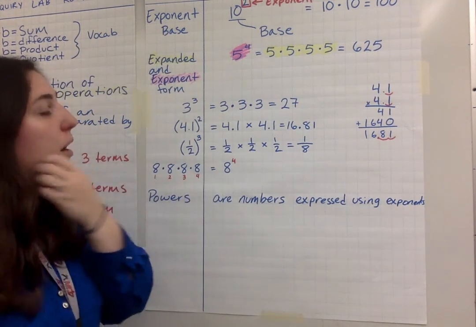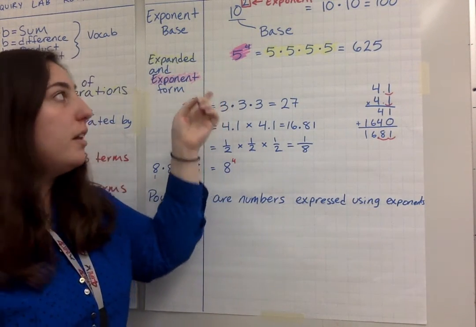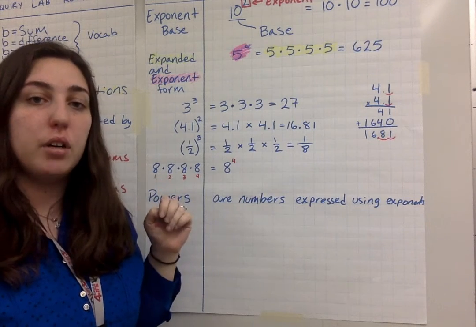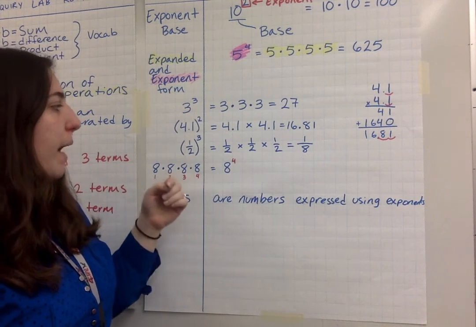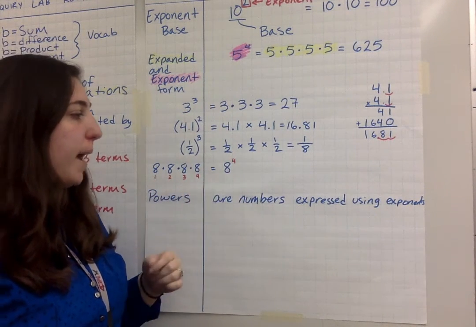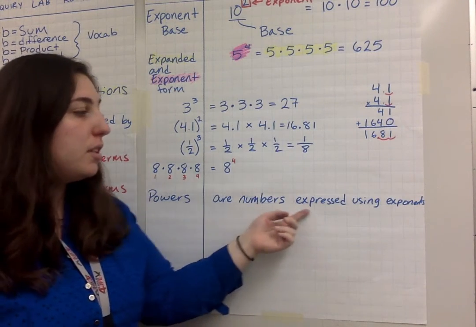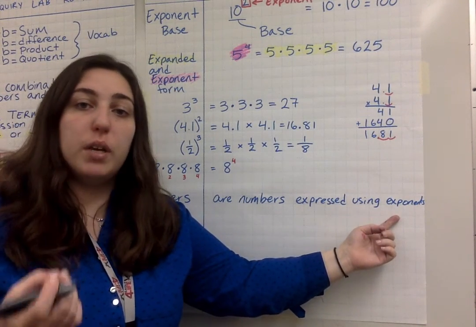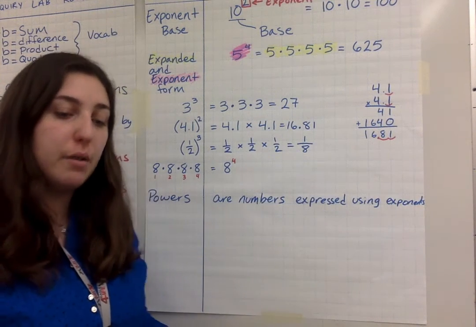Okay, so earlier you heard me saying a lot like 10 to the 2nd power, or 3 to the 3rd power, 8 to the 4th power. Okay, so powers are numbers expressed using exponents. So we use those exponents to express powers.